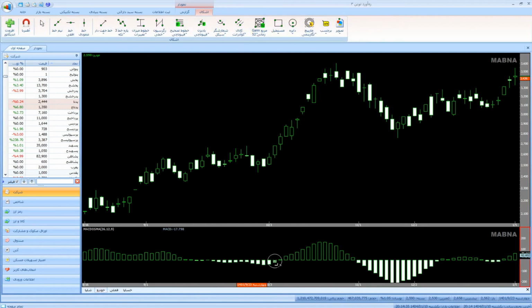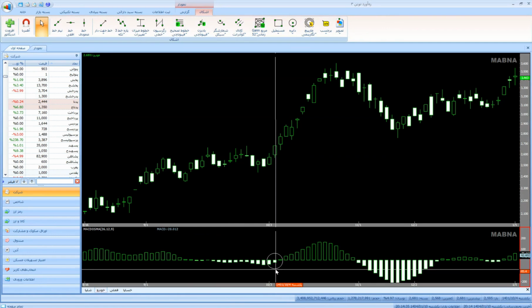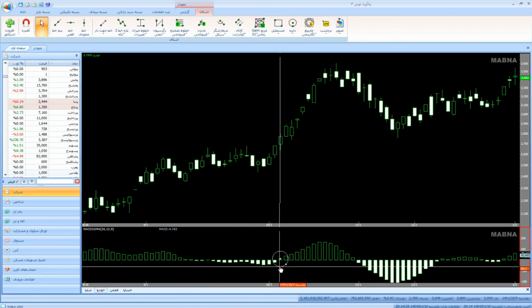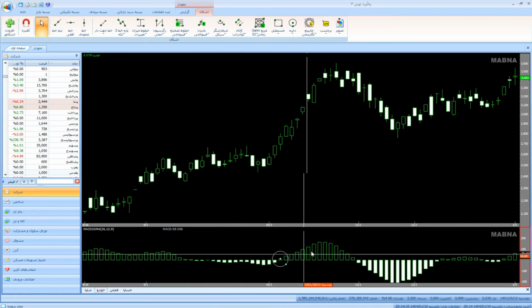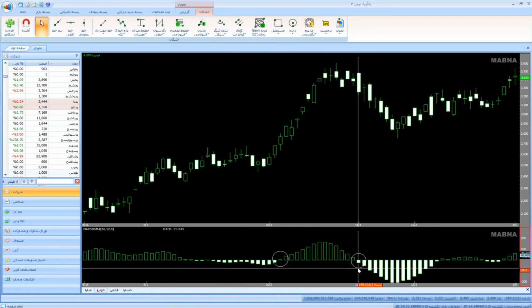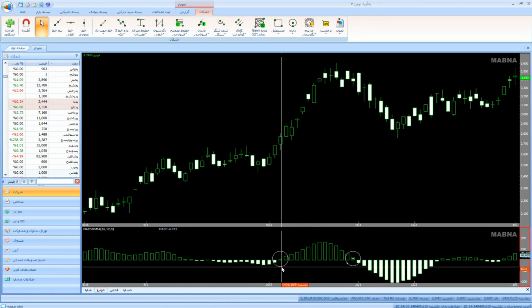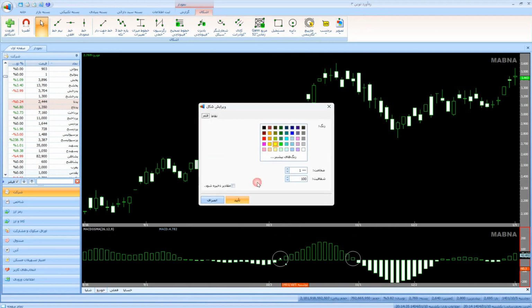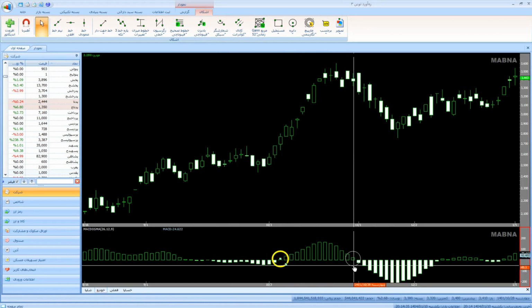I am considering this area as a powerful signal from the MACD, and when your histograms move from above the 0 line to below the 0 line, I consider it a sell signal. So I mark this as a buy signal in yellow. I increase its thickness and my sell signal in red.